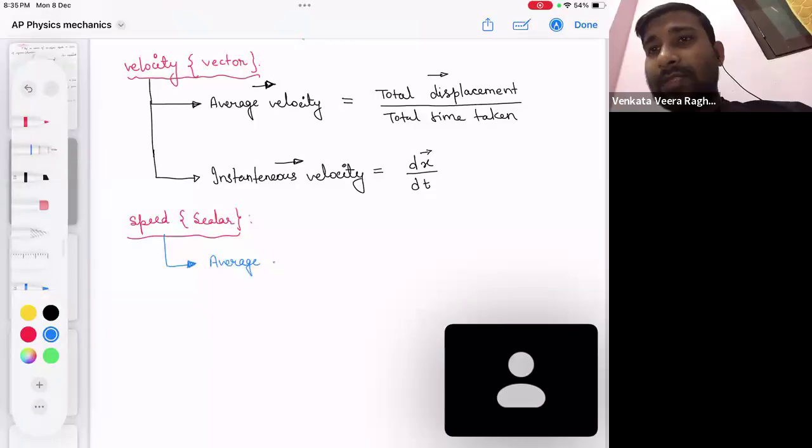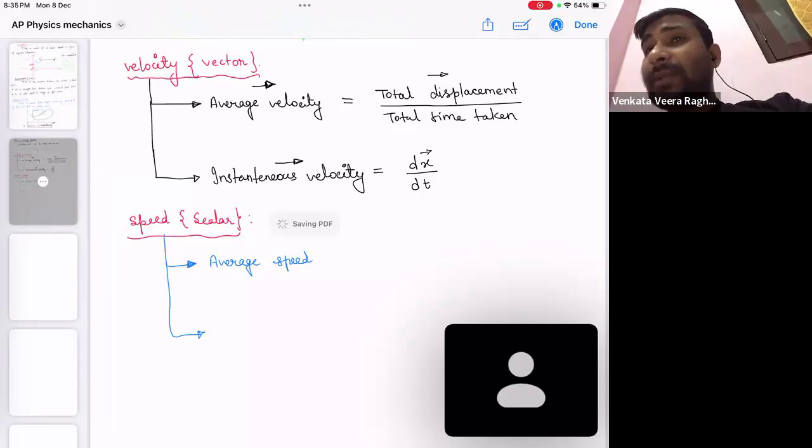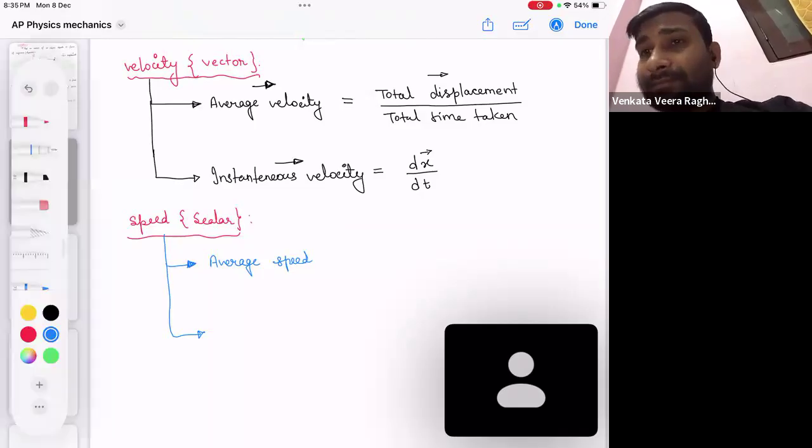Very good. We can define it by average speed, and the second one is instantaneous speed. Okay, so now please tell me, what is the average speed?